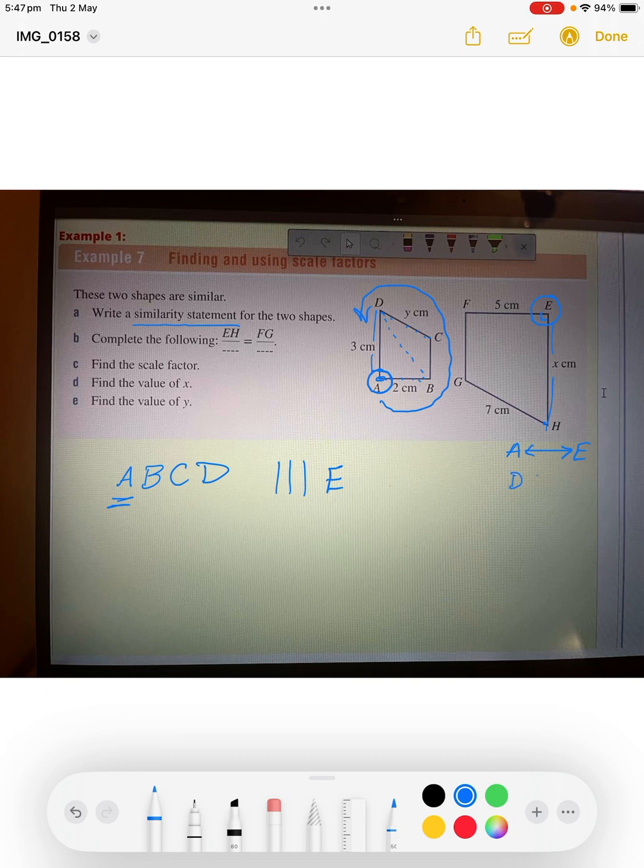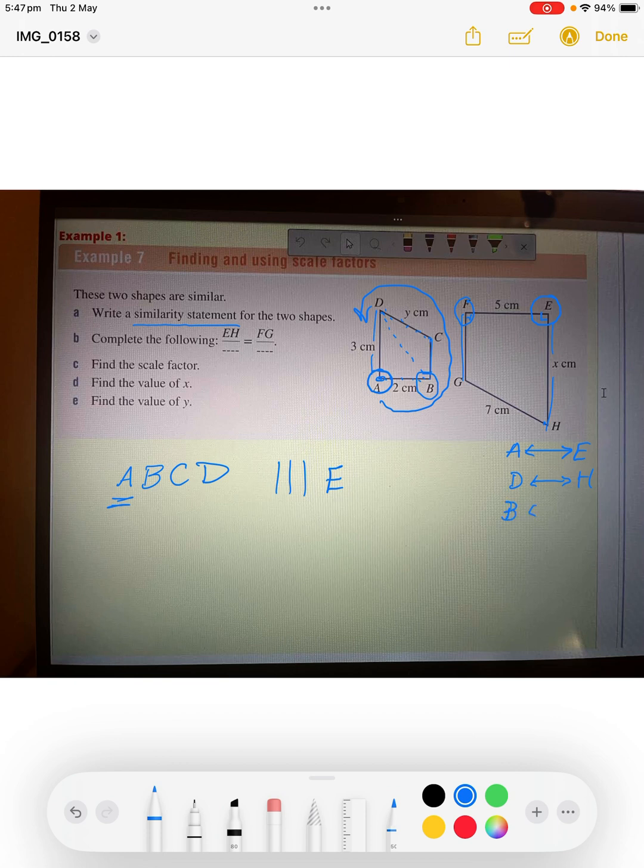So let's write that down. D corresponds to vertex H, and then it goes down. The other 90 degrees is B, and B corresponds with F because they're both attached to the short side.